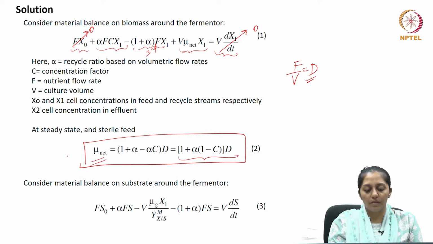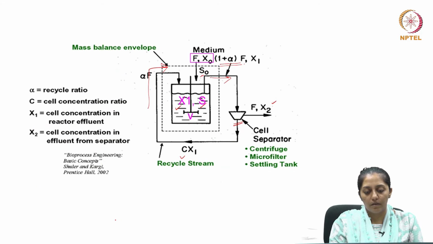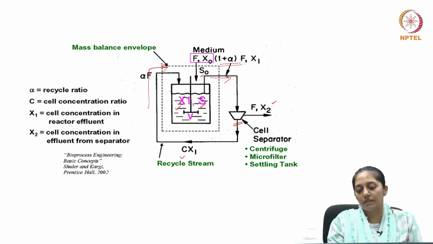Now, if we do a substrate balance in the same reactor with the same system boundary, F S0 is the rate at which the substrate is coming inside, and alpha F S is the rate at which the substrate will be coming back inside in the recycle stream, because in this stream the substrate concentration was S and only biomass has been separated, the rest of the stream is coming out.